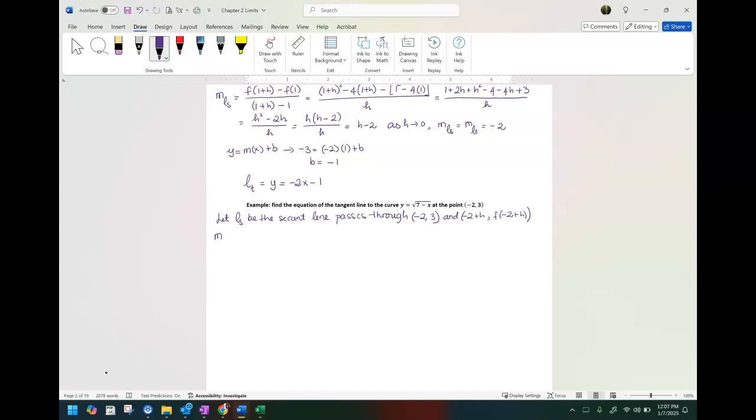The slope of the secant line is equal to f of negative 2 plus h minus f of negative 2 divided by negative 2 plus h minus negative 2. This equals square root of 7 minus (negative 2 plus h), minus 3, divided by h.